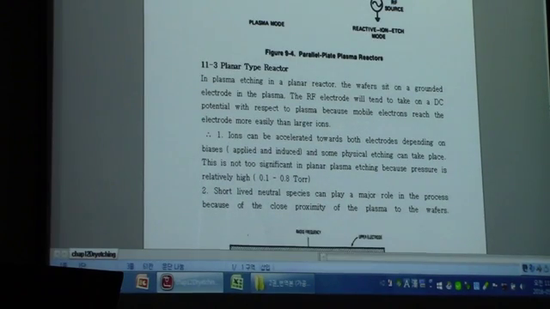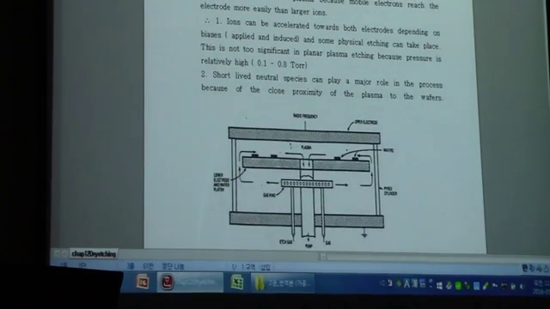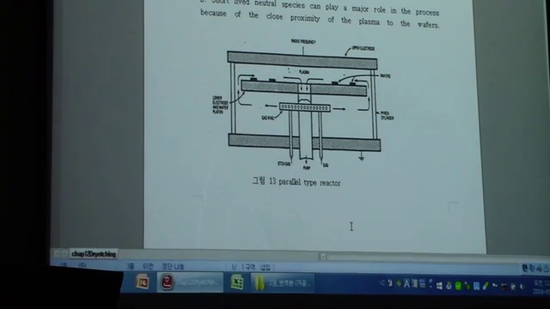The planar type reactor is mostly used in the laboratories. It's simple, but it can have some of the characteristics of RIE, which is most popular in the industries.